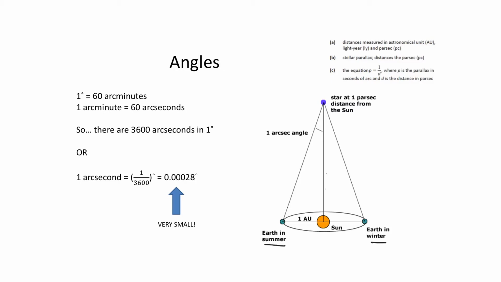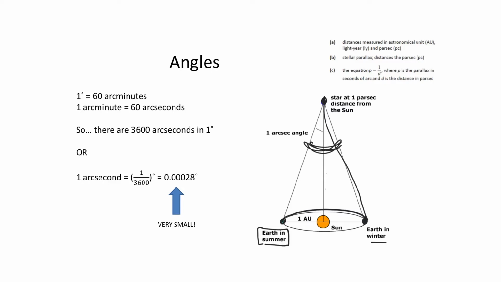When we're looking into space, we'll look at stars maybe in the summer, and we'll see that it's just there. And then 6 months later, because the Earth is continually moving, we'll look at the star and see it there. And by taking 2 measurements, that gives us an angle. So we'll look at that a bit more in a moment.